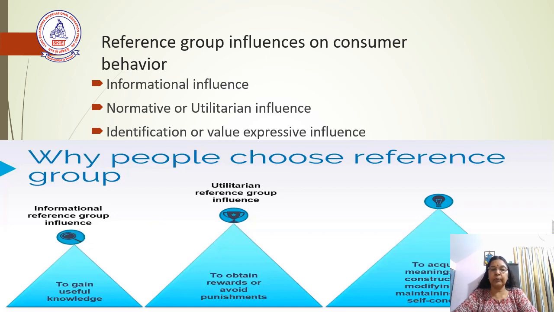In utilitarian influence, the consumer copies the reference group to get rewards from it, or to avoid punishment or unpleasant situations. Identification or value expressive influence is when the consumer tries to follow the same values and get the same identity or self image as the reference group.